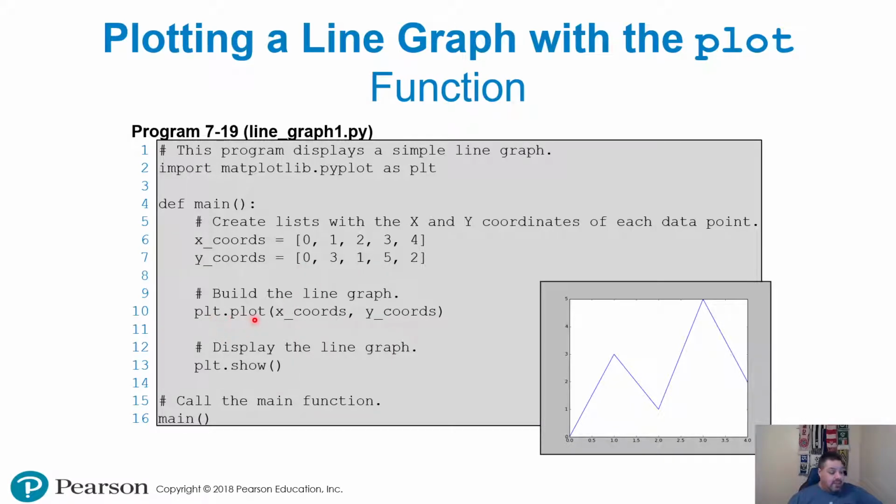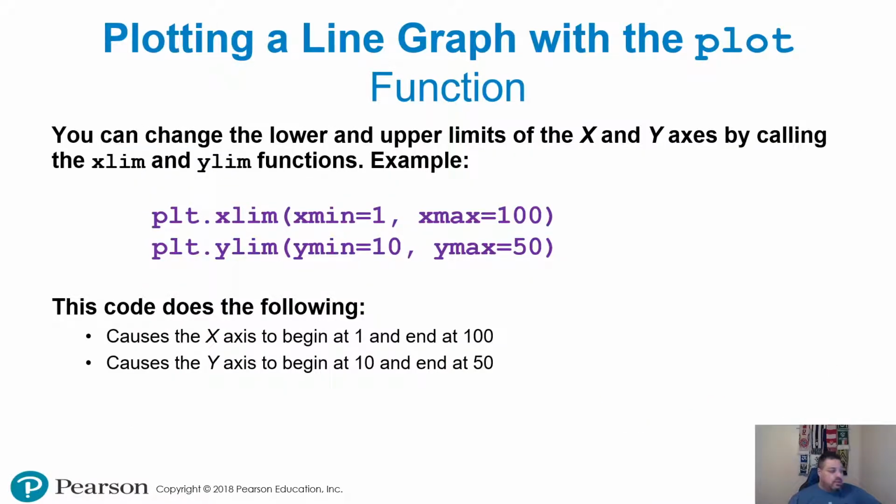Then plt.plot, give it the x coordinates and the y coordinates. And because it understands the list syntax, when you give it this command, it'll just know where the data points are. And then you say plt.show. And that's it. That draws this neat little line graph for us.